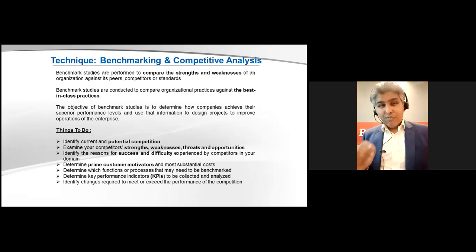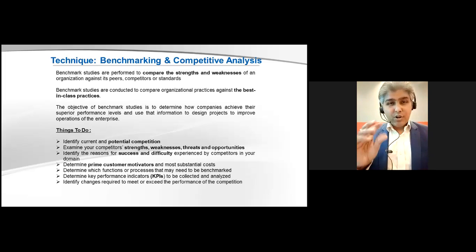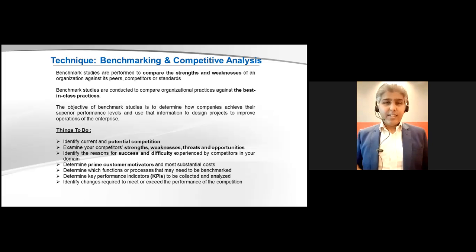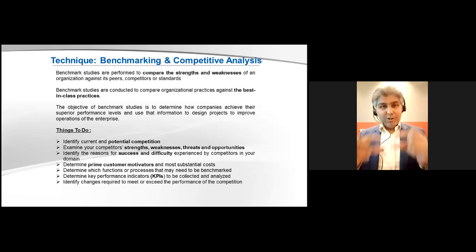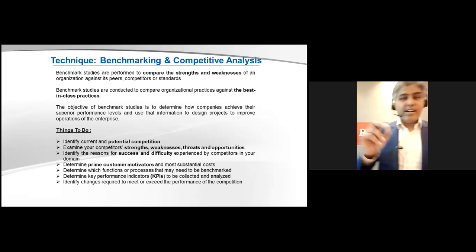One way of doing benchmarking and competitive analysis is also identifying the prime customer motivators. We call them prime motivators or prime customer motivators. Usually every industry has certain prime customer motivations. Your customer needs certain basic things which motivate him more for your product. You have to identify those.